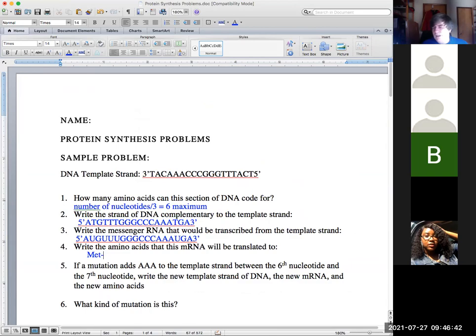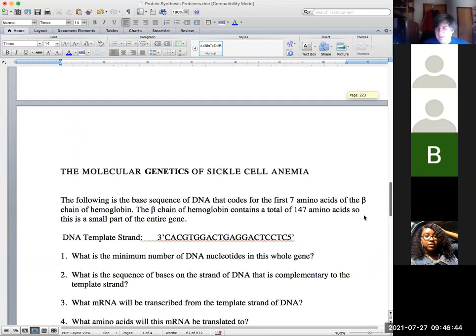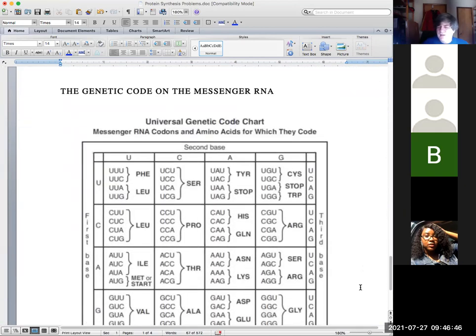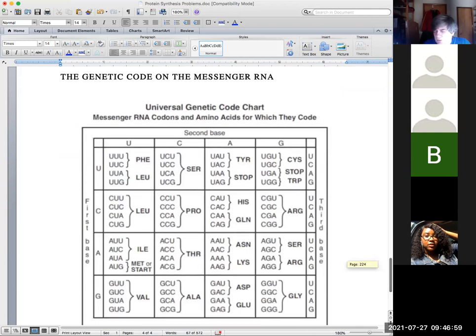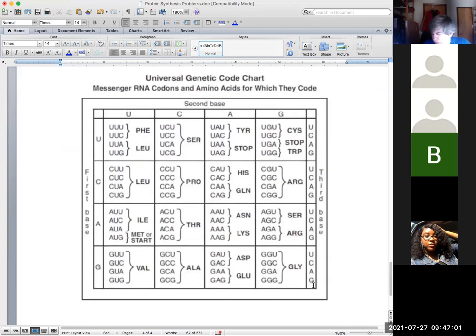Okay, now we have sets of 3 letters at a time. So the first set of 3 letters after the start, after the Met, is UUU. So that's going to be Phe. Then we have GGG. So if we look at GGG, that's Gly.